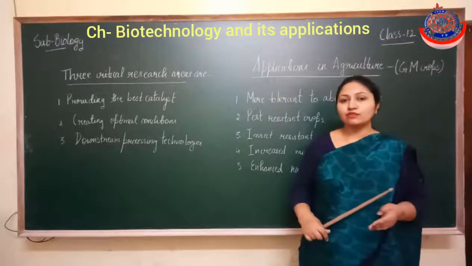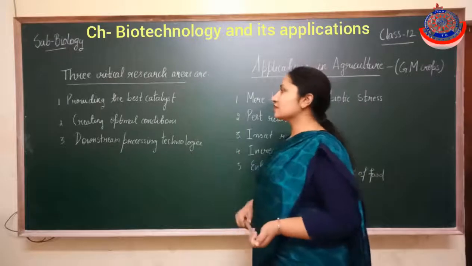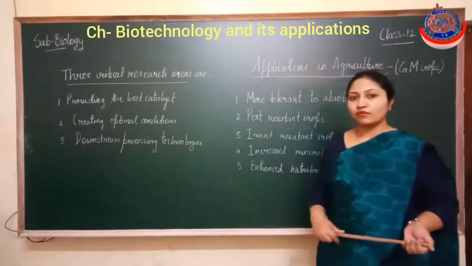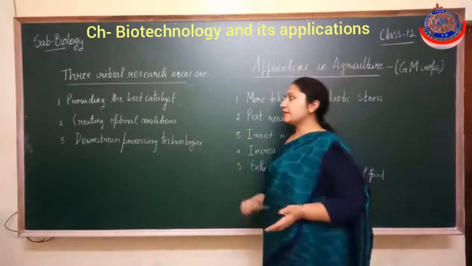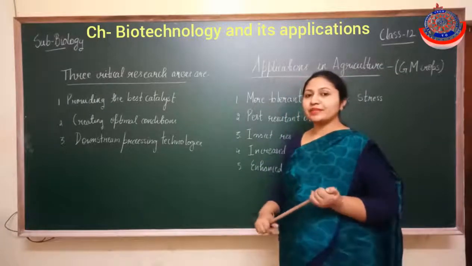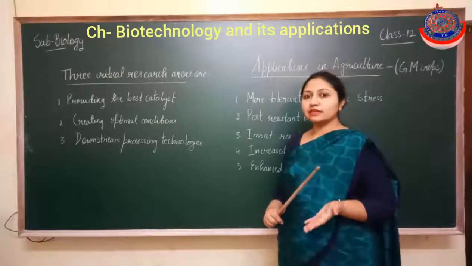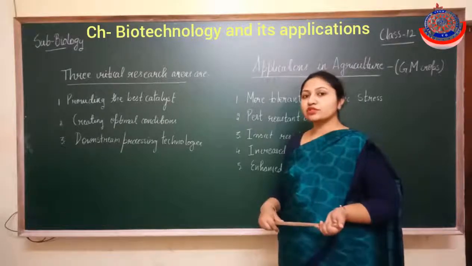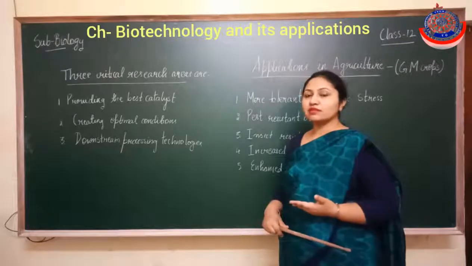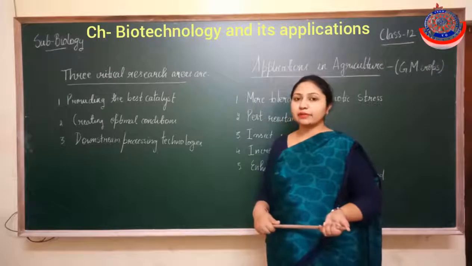First we will discuss what the three critical research areas for biotechnology to work are. First, providing the best catalyst. Providing the best catalyst means that in a bioreactor, a catalyst or an enzyme, like the microorganism, is used for the production of the desired product, because these microorganisms are responsible for converting the raw materials into the desired product.